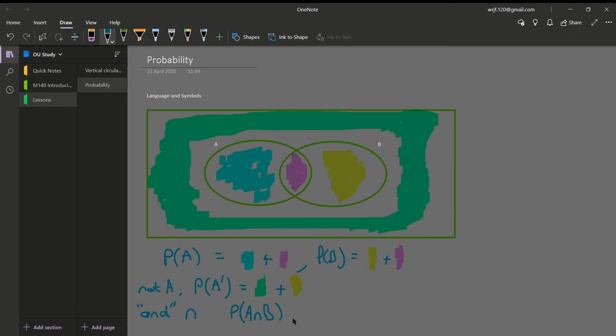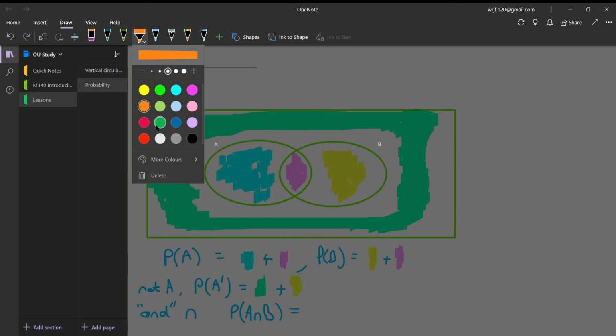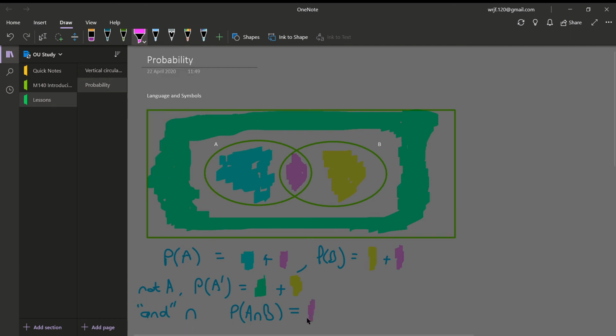And in the context of that N, that "and" represents what we call an intersection on the Venn diagram. And so in terms of the colours on my Venn diagram, that would just be the purple section, A and B.